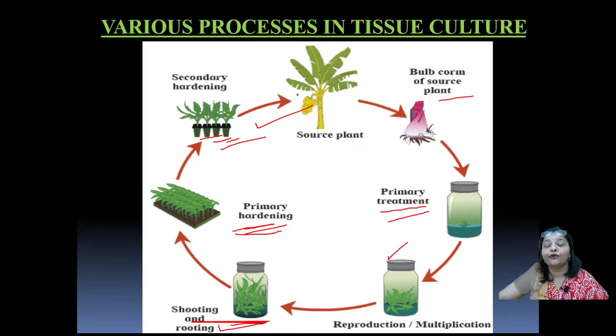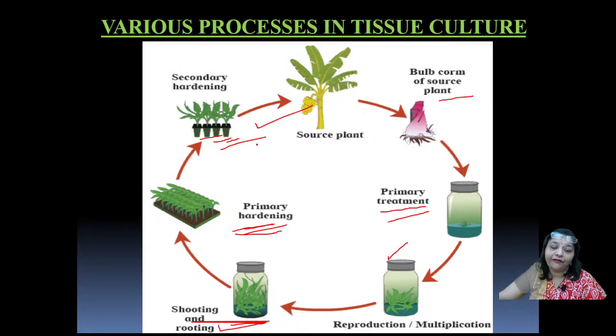So in this manner, using various processes and techniques in tissue culture, we can develop a whole organism from a small part of that particular organism. So a source plant can be the source of so many plants, isn't it?